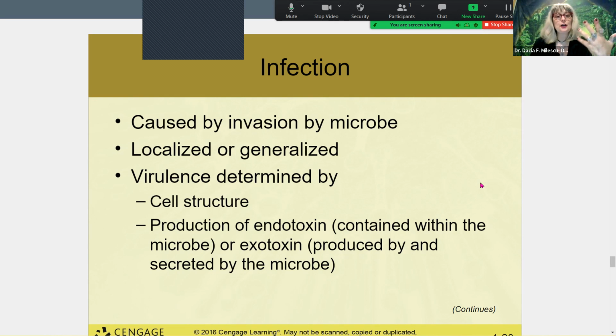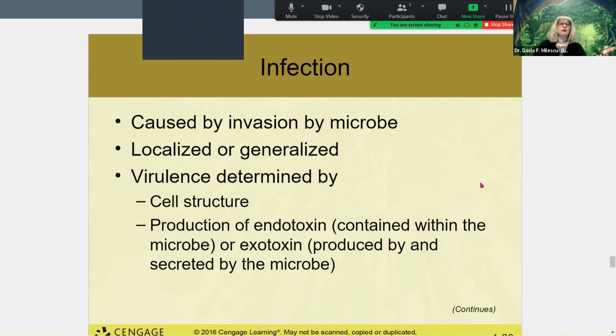So virulence is determined by the structure of the cell and the production of toxins. So that's another topic. All right, so pathogens can produce endotoxins that are contained within that particular microbe, or they can release, all right, an exotoxin. So they're produced or secreted by the microbe.